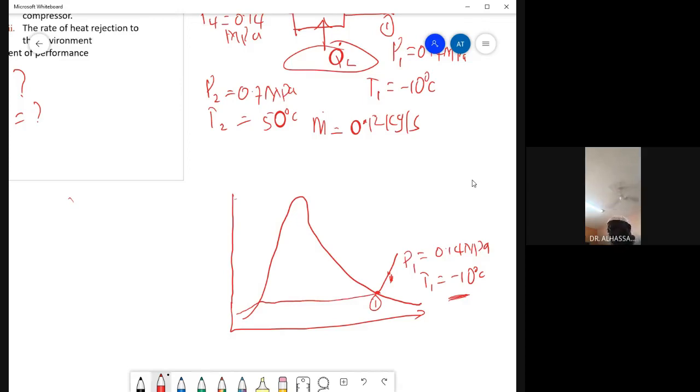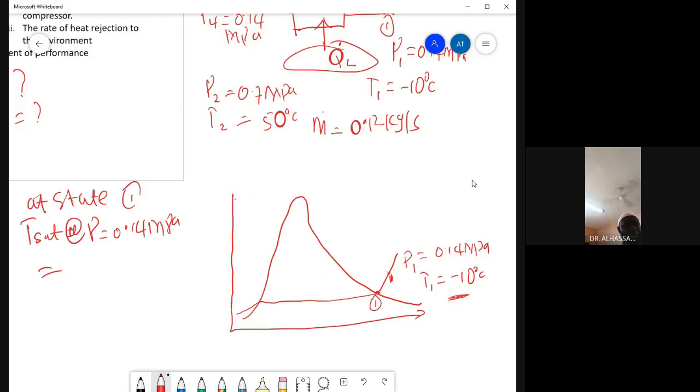So at state 1, we need T saturation at P equals 0.14 megapascal. That gives us what? What is the saturation temperature?